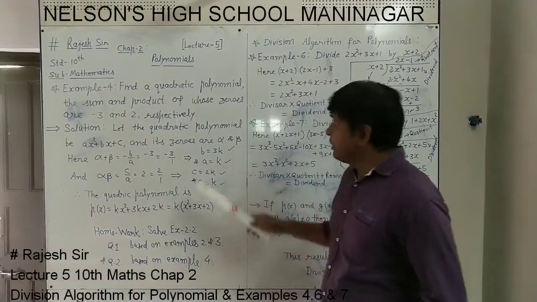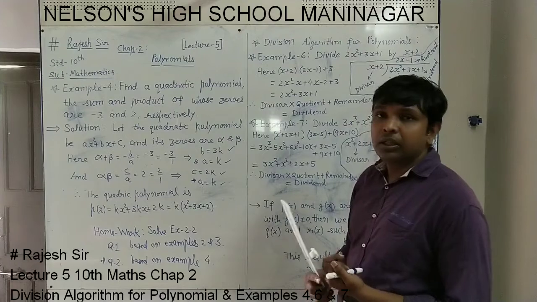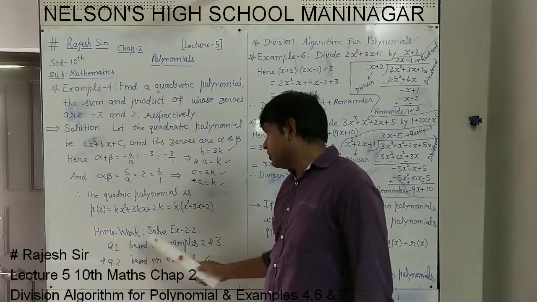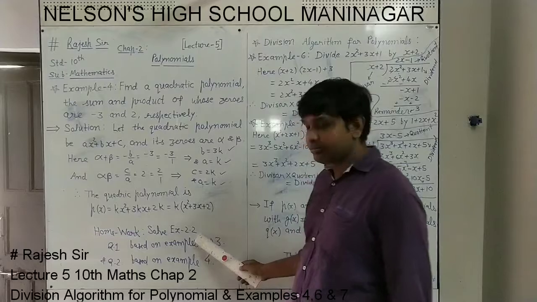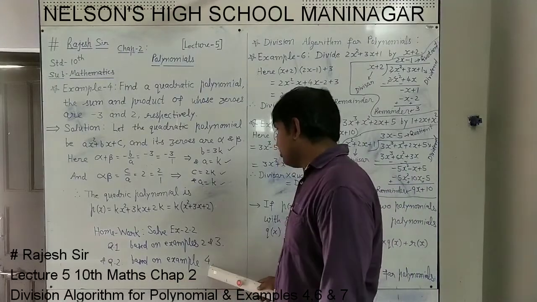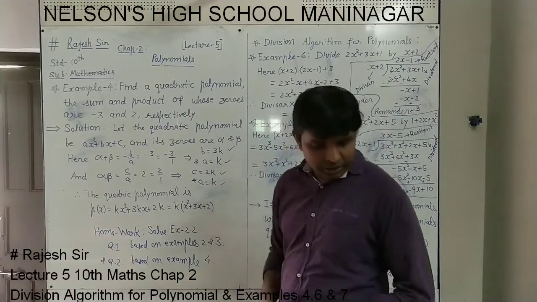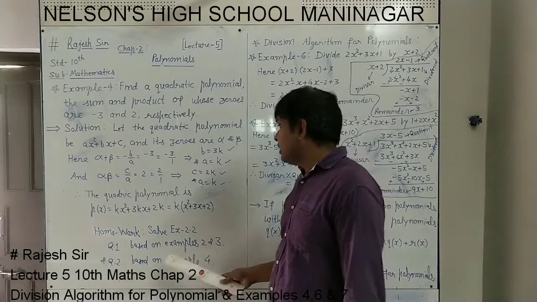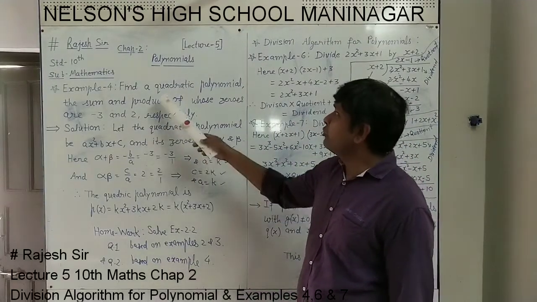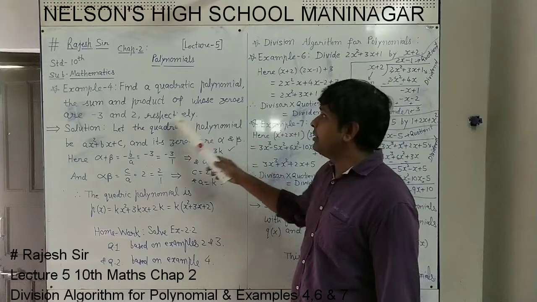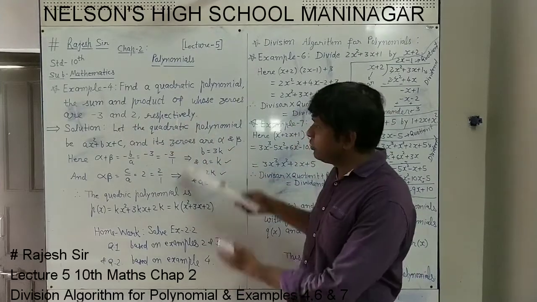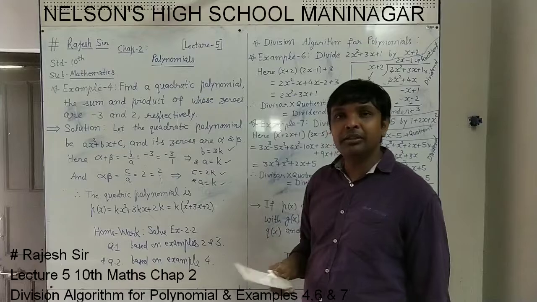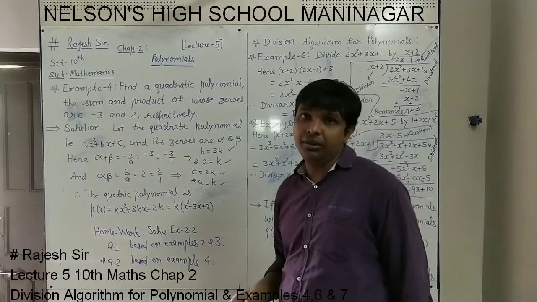Now, after doing example number 4, you will find that question number 2 in this exercise 2.2 is based on example 4. In all, 6 questions are given, and in all of them you have to find quadratic polynomials where the sum and product of zeros are given. So this is the way you will find the quadratic polynomial if the sum and the product are given.